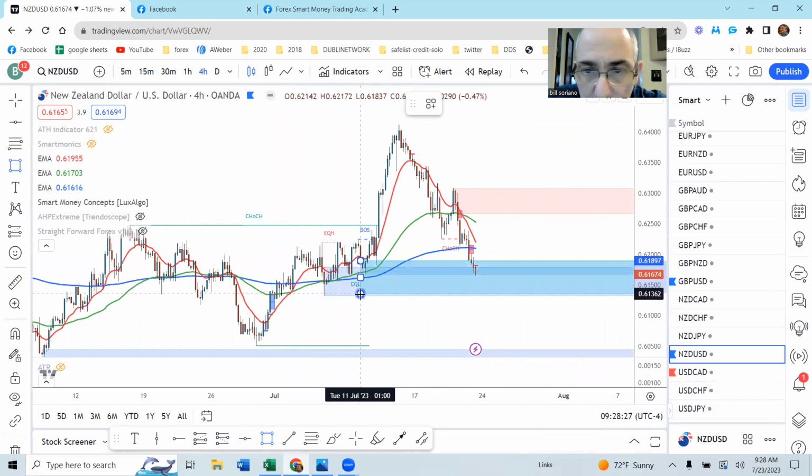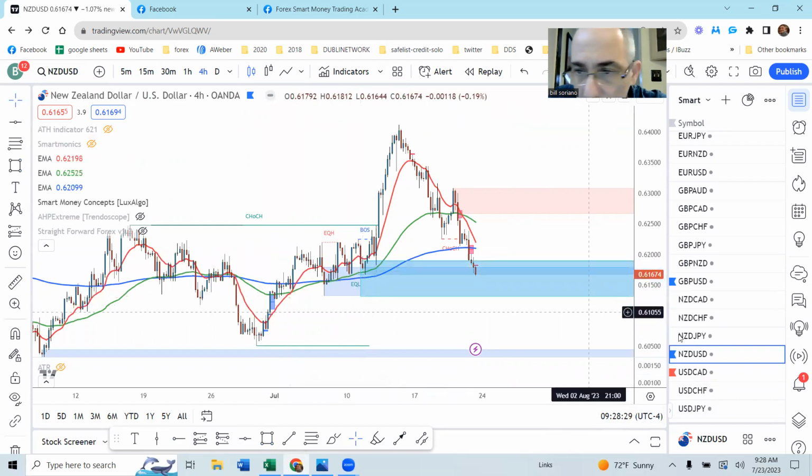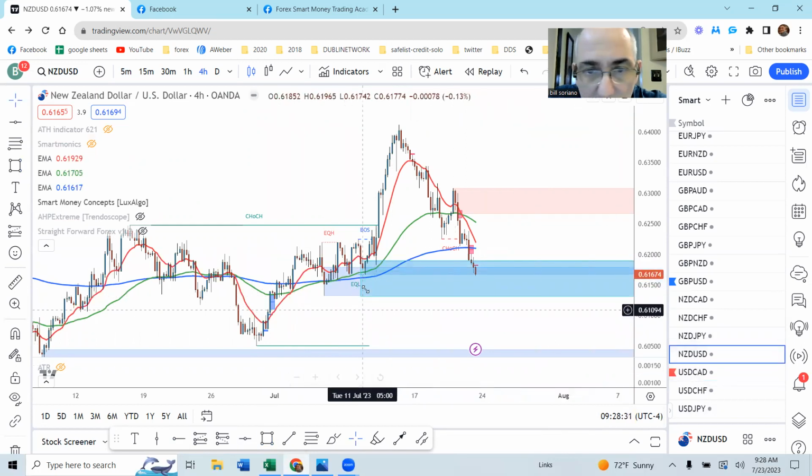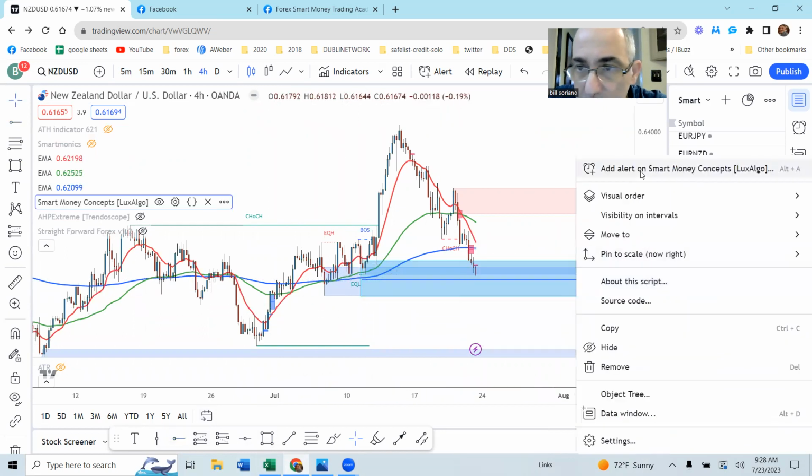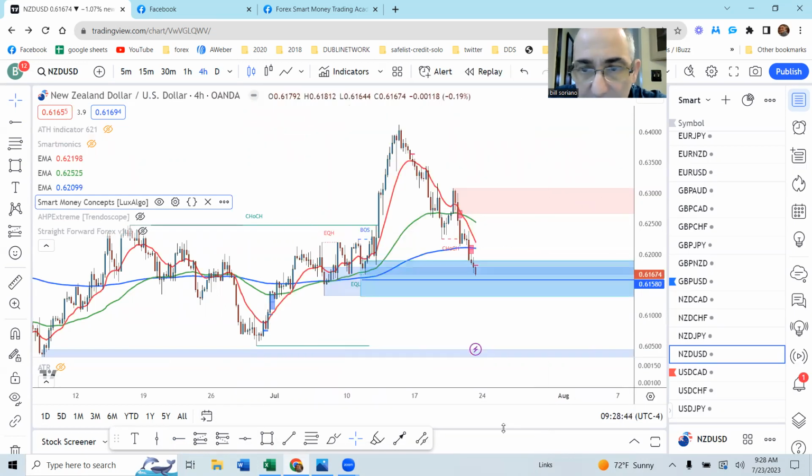I'm going to take this whole order block here, and I'm going to turn that off. I'm going to use 50% of this whole area that the indicator is giving me, right? I'm just going to use about 50% of it. So I'm going to wait for price. Price needs to come down a little bit lower. It needs to hit our alert here, and then we can possibly take a trade to the upside, right?